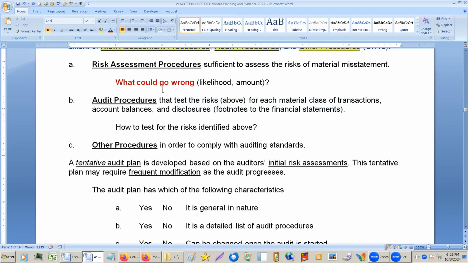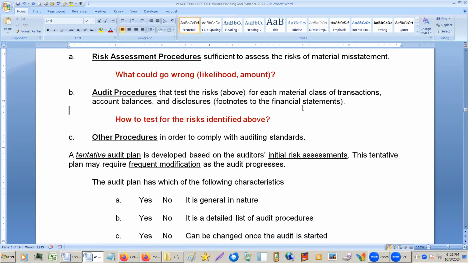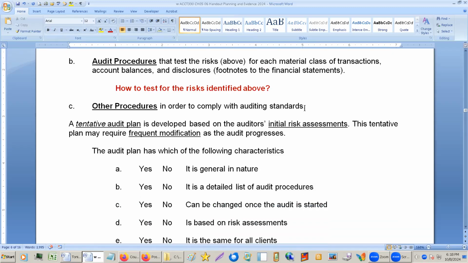Did they go wrong? So these audit procedures will test for the risks that we identified above. And other procedures, I already told you, this is mostly chapter 16 stuff.